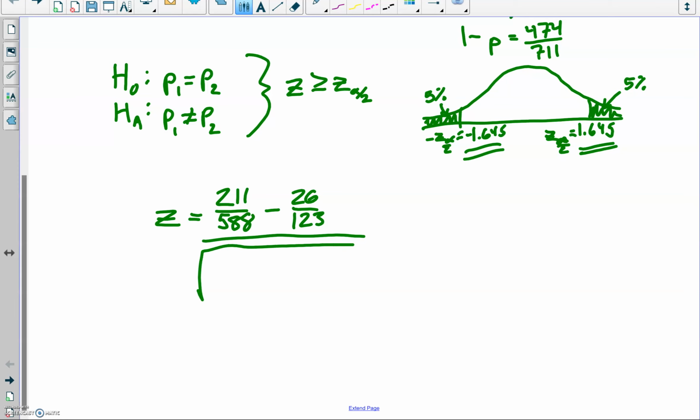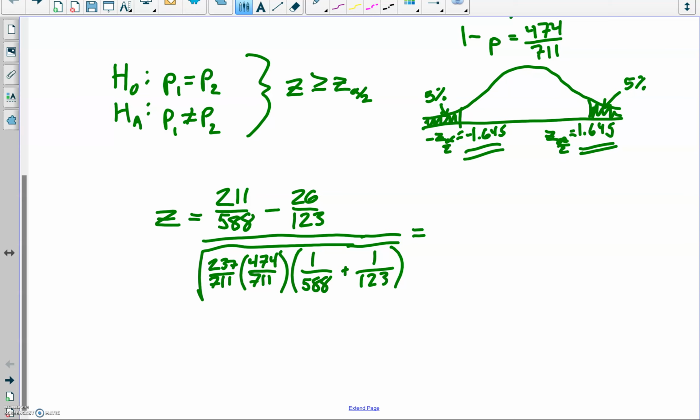And then we would have the 237 over 711 times the 1 minus p, the pooled q so to speak, and then we will have this 1 over n1, which was 588, plus the 1 over the 123. So this is just the formula that you use to get the Z. The development of the formula, they aren't going to go over it in an early stat class, and in fact, it takes a while.